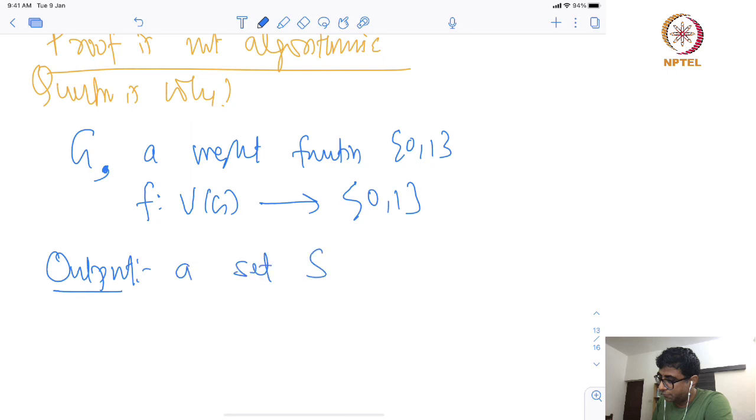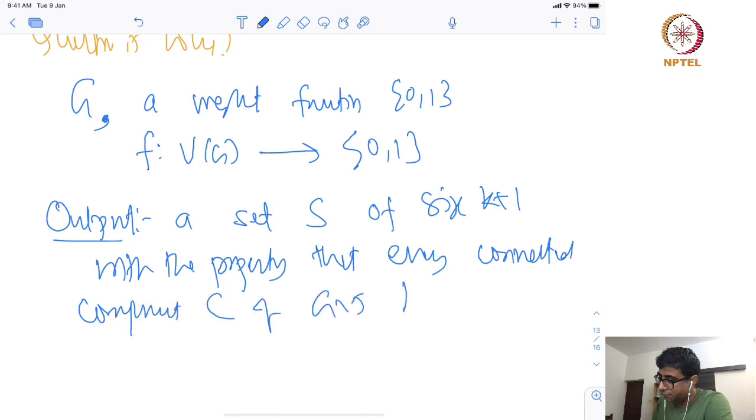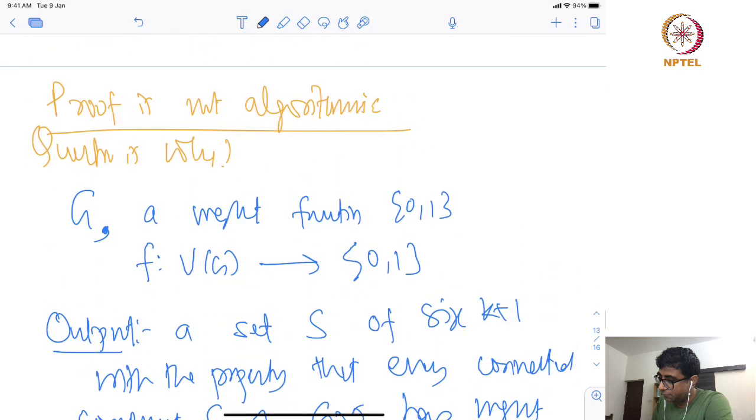A set S of size k plus 1 with the property that every connected component C of G minus S has weight at most the weight of the vertex set divided by 2. So can we do this? If we can do this, then we can make our algorithm constructive.